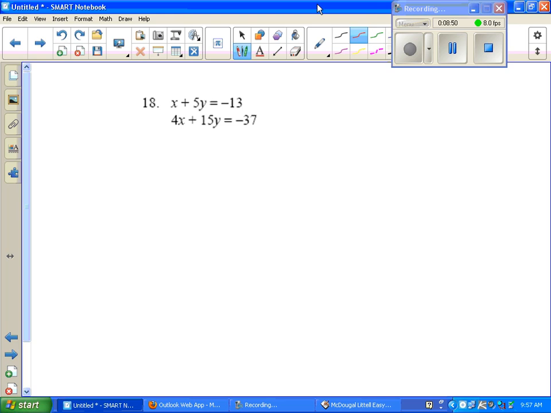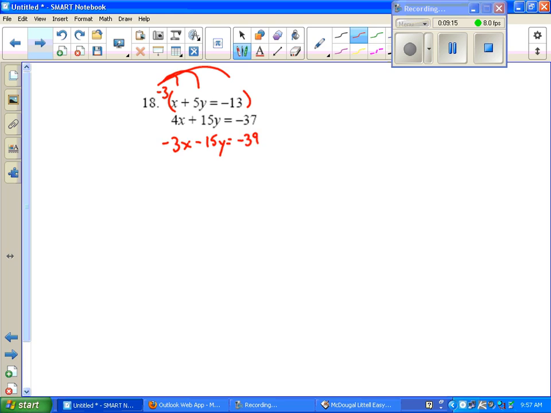So if we take that first equation and multiply everything, not just by 3, but by -3, we can create opposite terms. When we distribute -3 times x, we get -3x. When we distribute -3 times 5y, we get -15y. And -3 times -13 gives us -39.